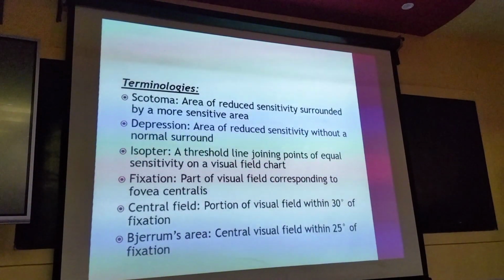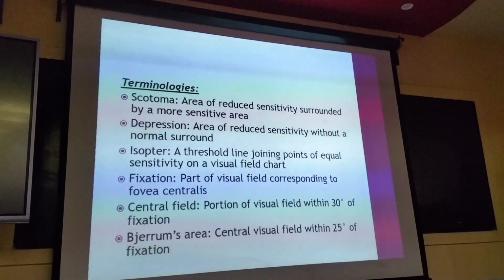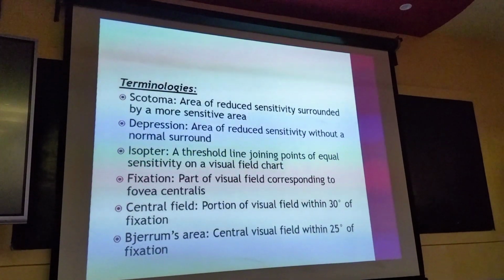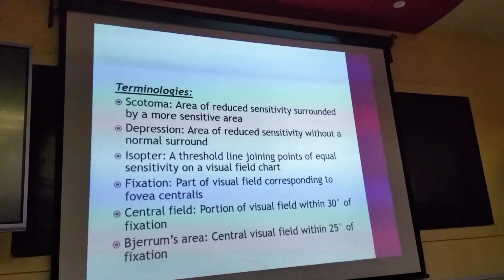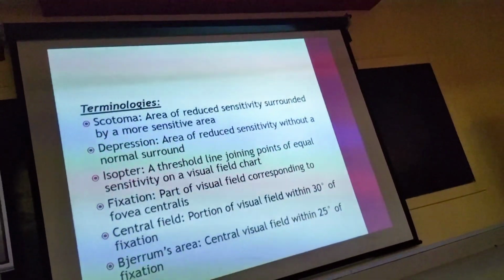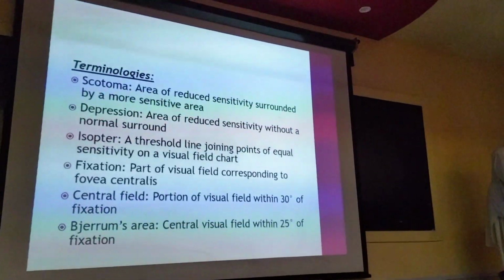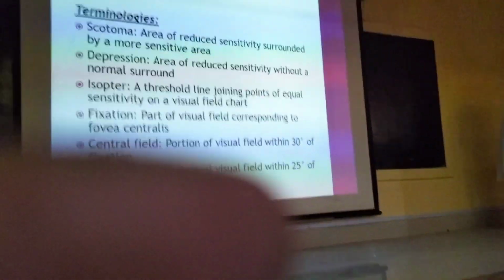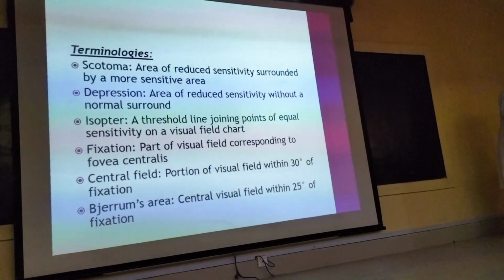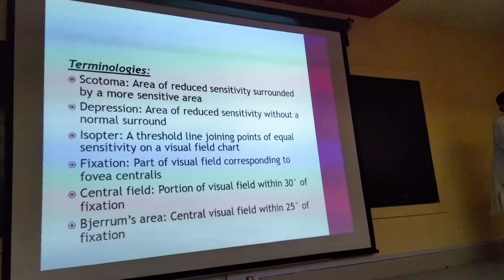Now there are some terminologies which will be used again and again in the visual field chapter, and those include scotoma. Scotoma is an area of reduced sensitivity surrounded by a more sensitive area.